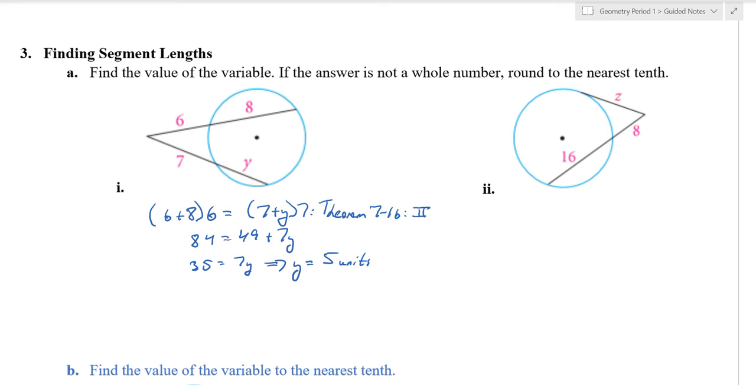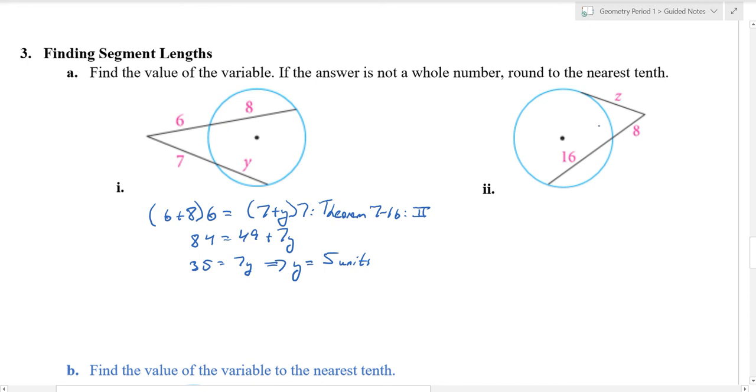Alrighty. Now for number 2 we have a type 3 because we have a secant and a tangent. As you can see, z represents a tangent, and this one right here is a secant.